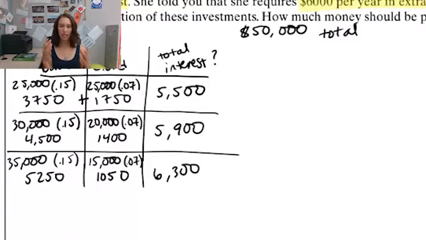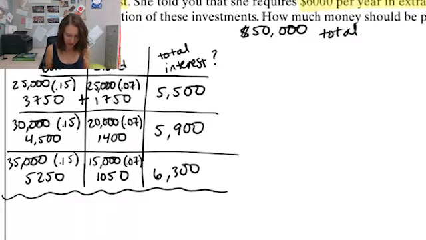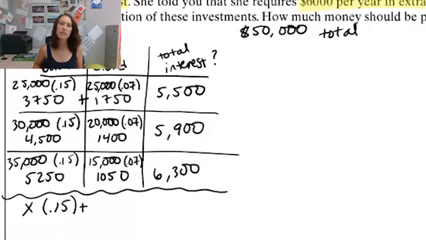So start looking at the table we made and see if you can find a pattern. So if we want to find an equation, let's look at this. It looks like whatever we choose here, let's just make it X, for our initial investment, anything there is going to be multiplied by 0.15. And then we added it to, and now this part's a little trickier.